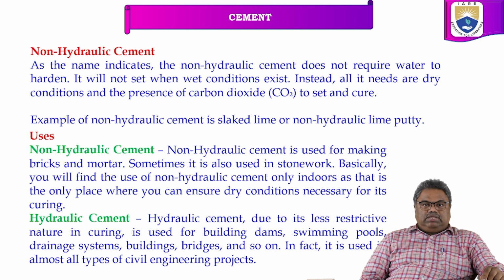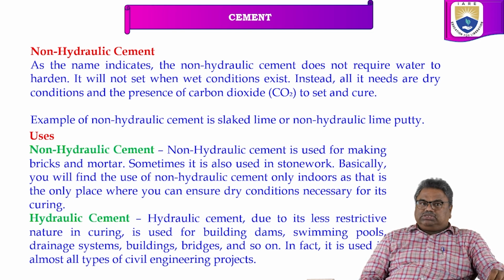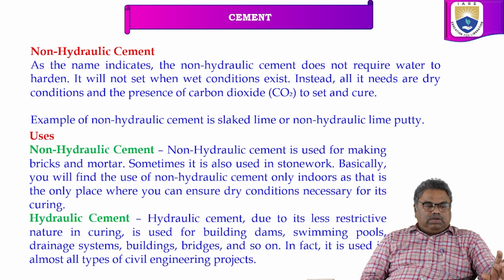Basically, you find this use of non-hydraulic cement only indoors, as that was the only place where you can ensure the dry conditions necessary for its curing. We need dry conditions and carbon dioxide, and in their presence it will harden, right?